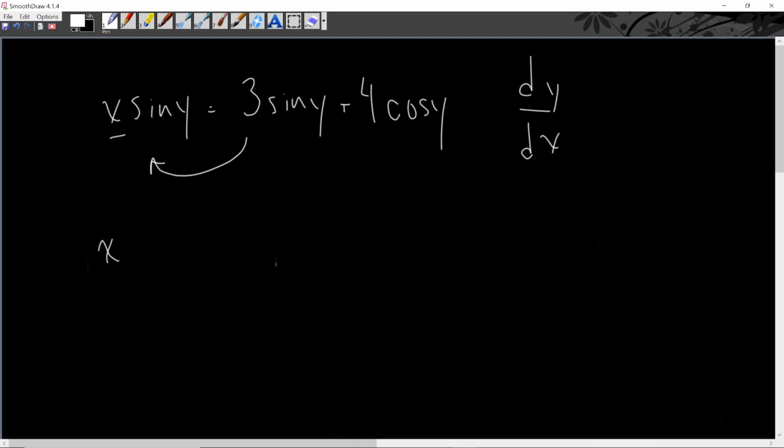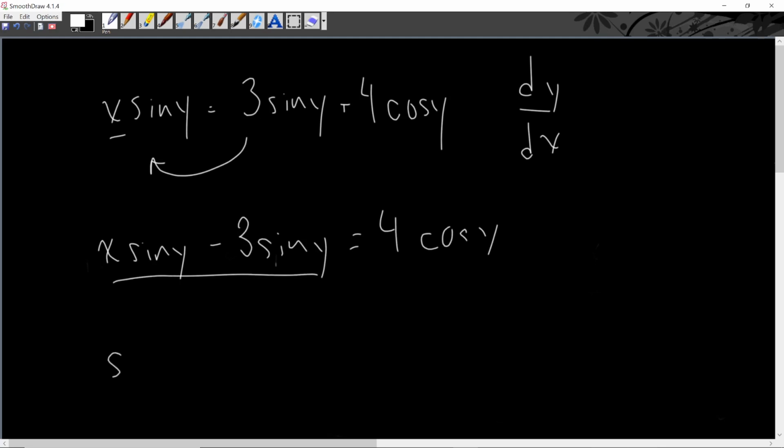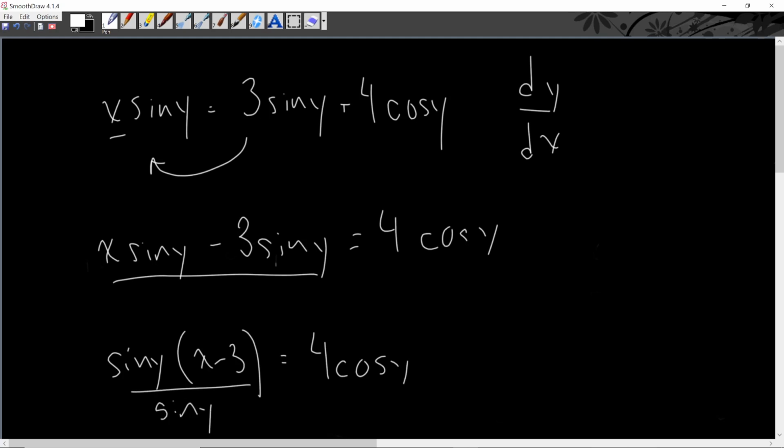So we have x sine y minus 3 sine y is equal to 4 cosine y. And now from here we can take out our sine y. Sine y is a common factor, so we'd have sine y times (x minus 3) equals 4 cosine y. And now we'll simply divide by sine y on both sides.